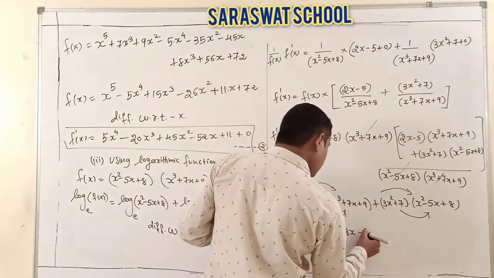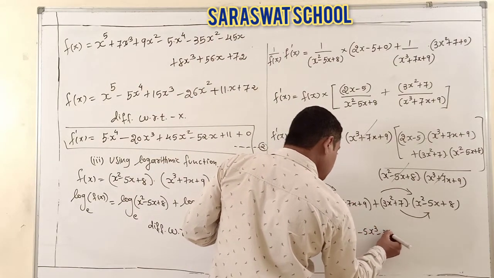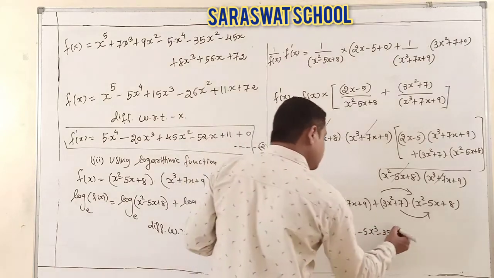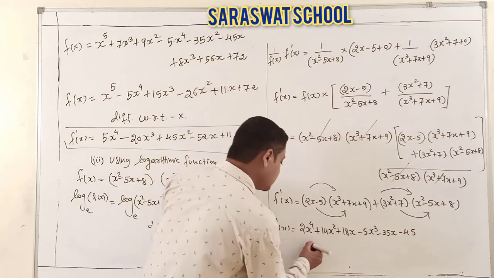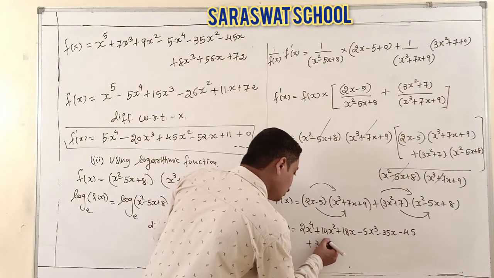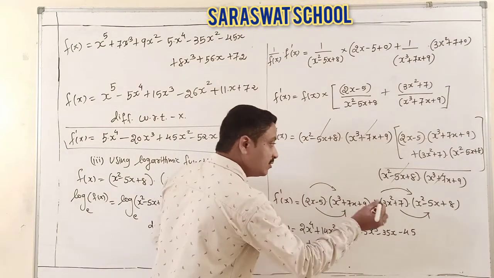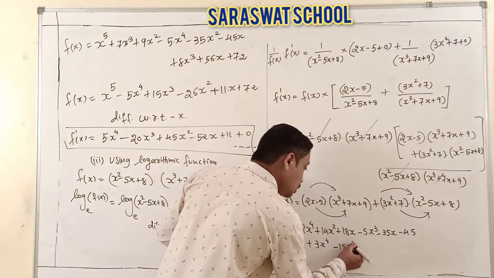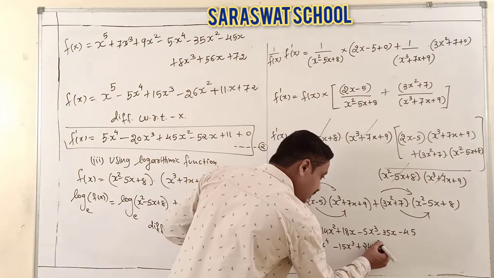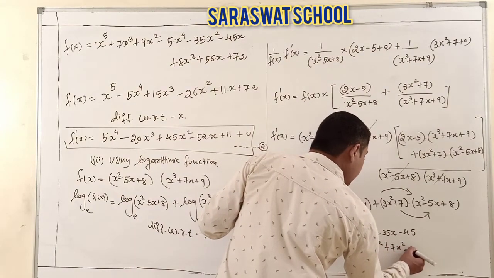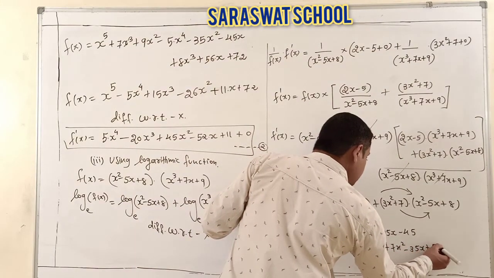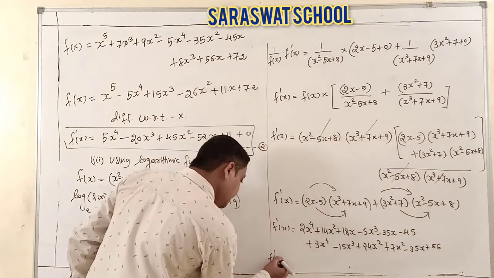Next, −5x³, 7 5s are −35x, 9 5s are −45. And last, multiply 3x²: 3x⁴ − 15x³, 8 3s are 24x², and last 7x² − 35x, 7 8s are 56.